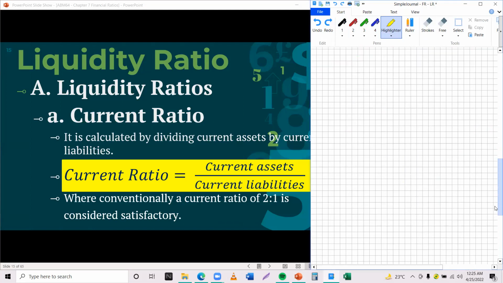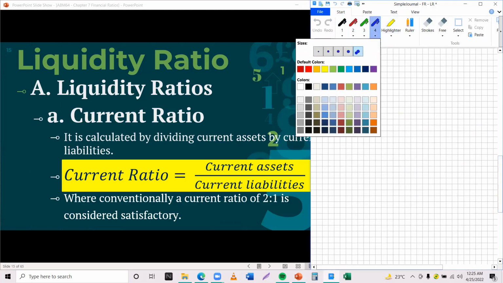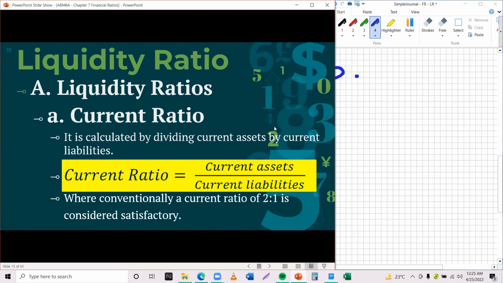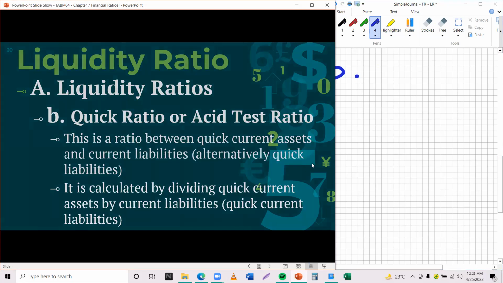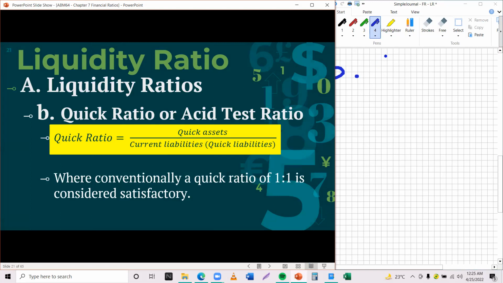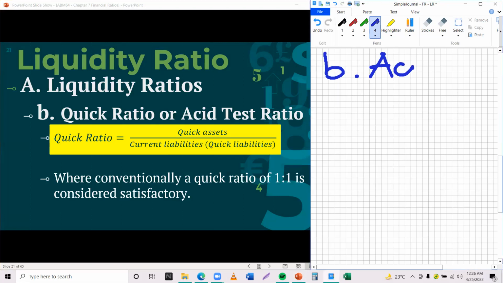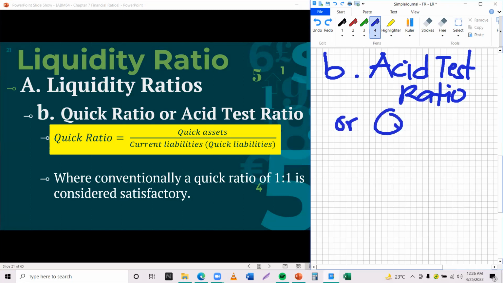Next up is letter B, the second type. We have the acid test ratio, which is actually more known as this type of ratio. Acid test ratio or quick ratio.